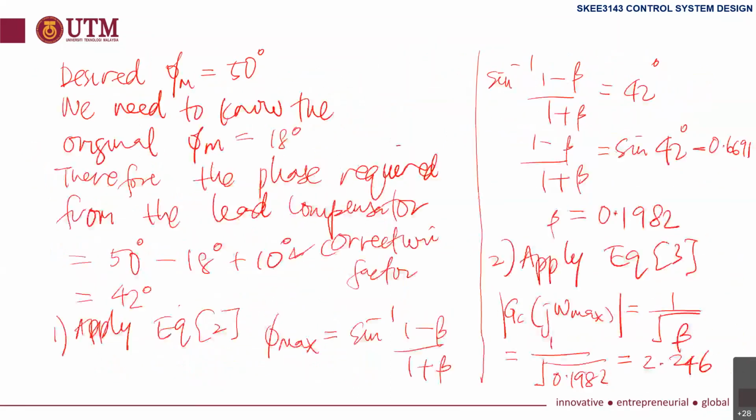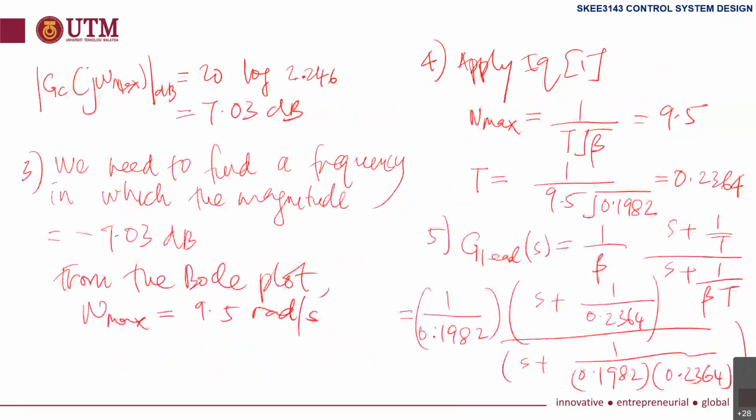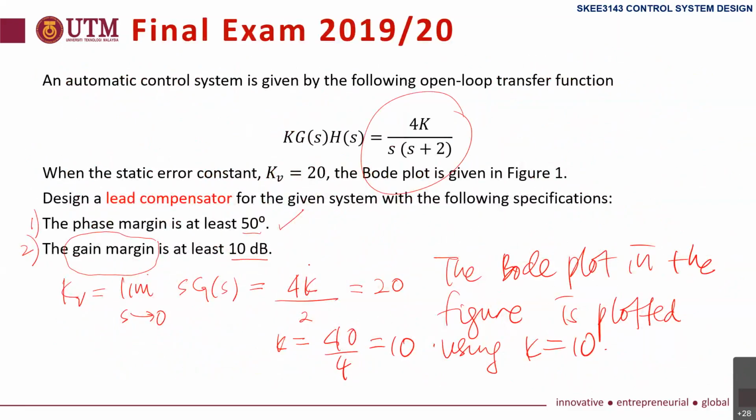We'll look back into the question. I mentioned just now that the question gives another requirement, the gain margin. Normally, gain margin is not a requirement when we design a lead compensator. You can see that we designed the lead compensator only using the phase margin requirement, 50 degrees.